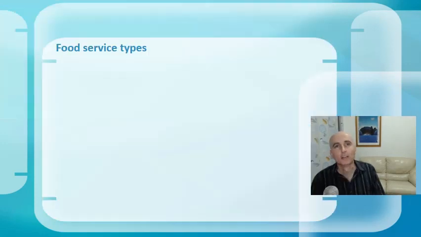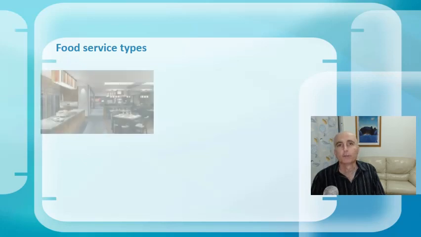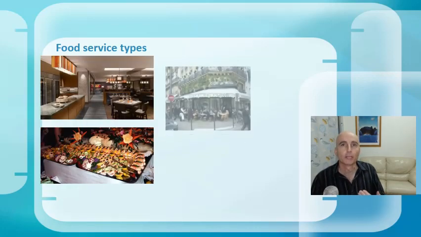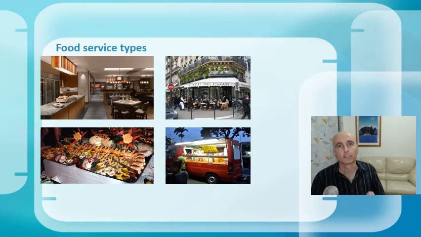Before we look at menu types, we need to understand food service types and people's different needs and how we actually cater for those. So here you'll find a very traditional restaurant, could be a fine dining restaurant. Cafes are huge in Australia, originally coming from Italy, but they're becoming a more casual style of dining.